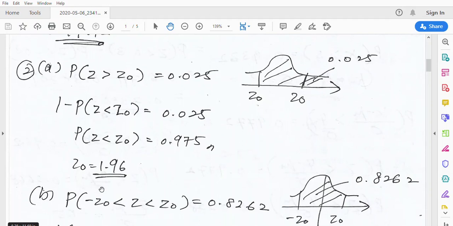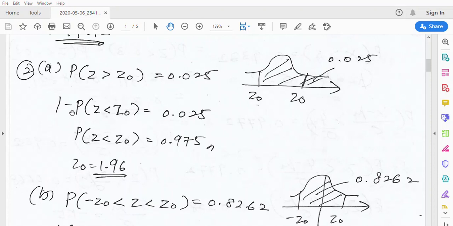So number 2 is to find the value of z naught such that the probability is given already. The probability given is 0.025. But we can only get the below part from the table, right?